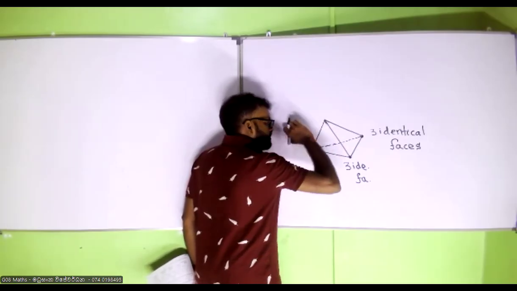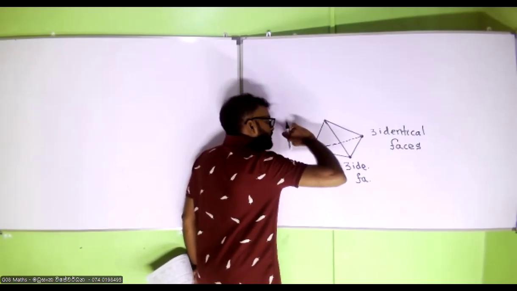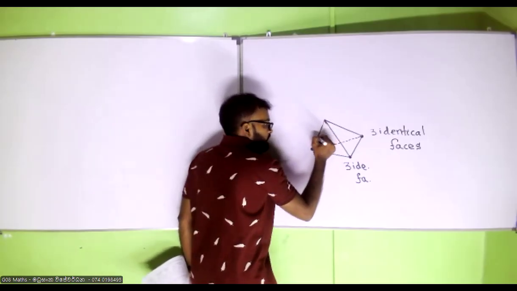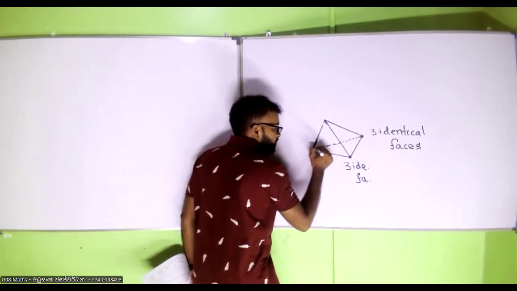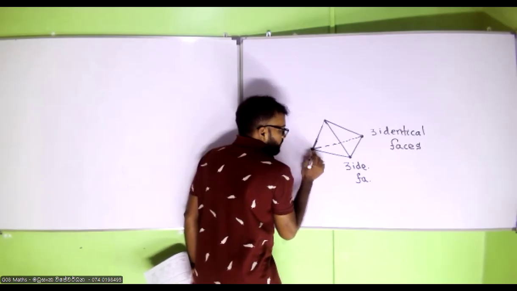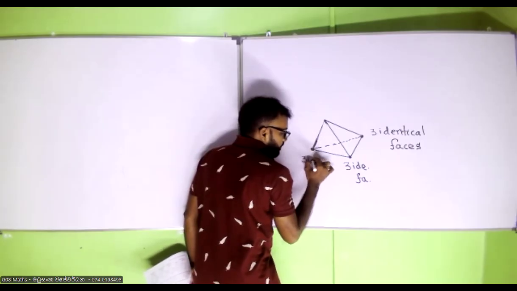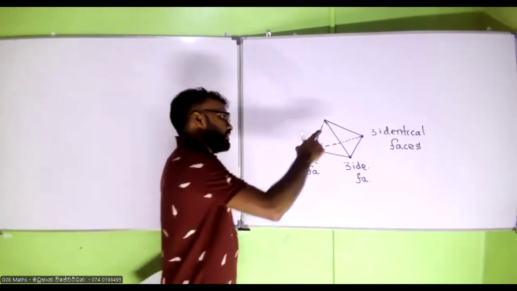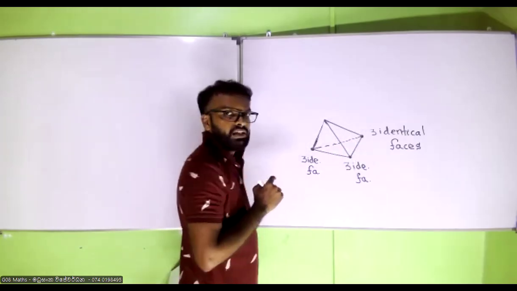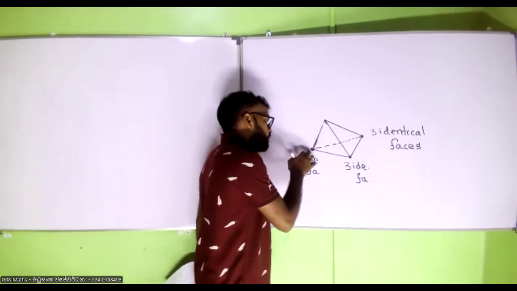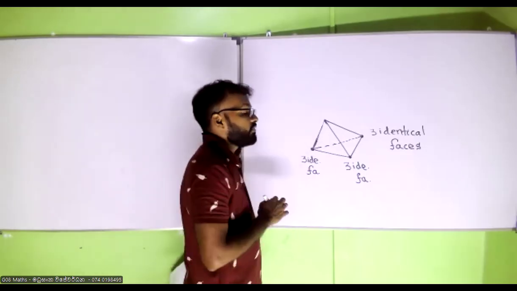If we look from this side, this is the other face that meets this vertex. So all together 1, 2, 3 identical faces. For this vertex, 3 identical faces. For this vertex, 3 identical faces. For this vertex, also 3 identical faces.